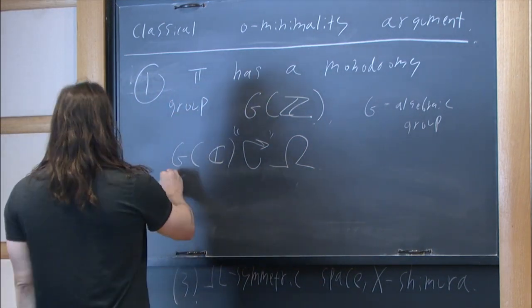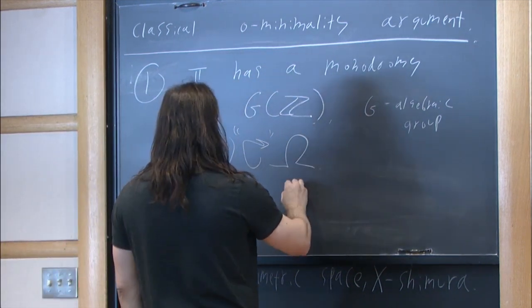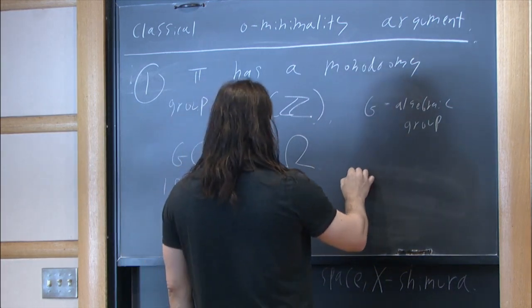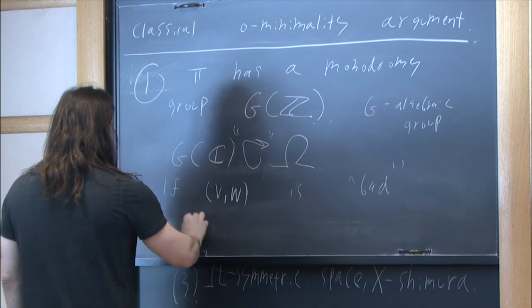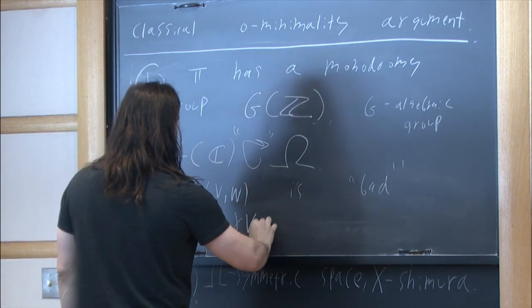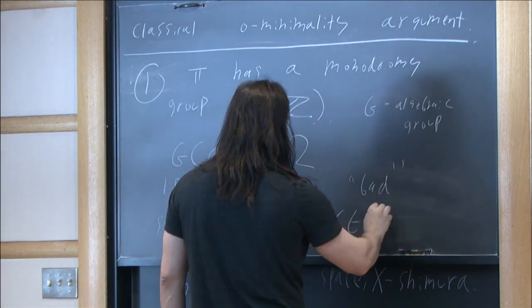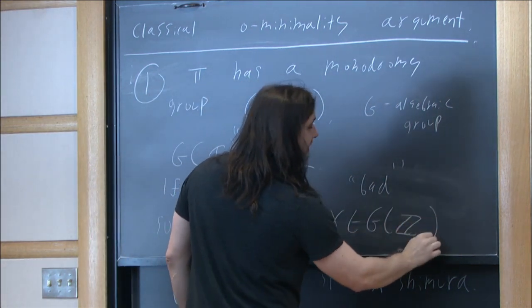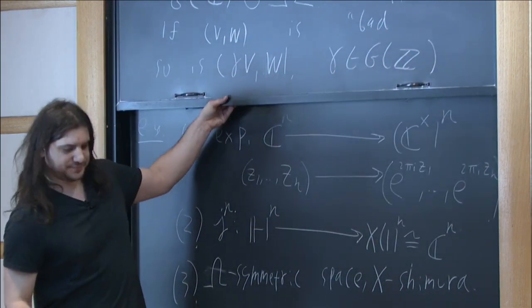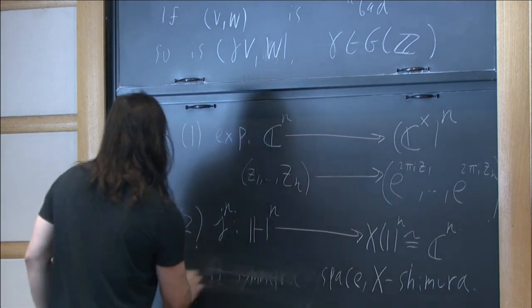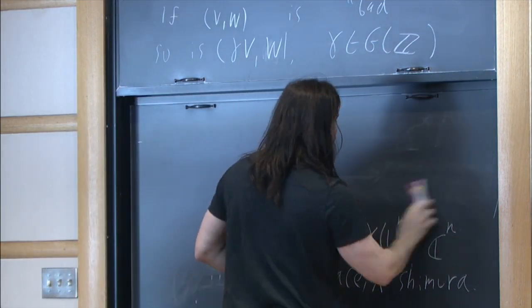So in other words, what this implies is that if V, W gives an unlikely intersection, so I'll just say is bad, instead of saying more precise things, then so is γV, W, where γ is an element of the monodromy group. So that's the basic idea. Of course, nothing happened yet. This observation alone doesn't imply very much.